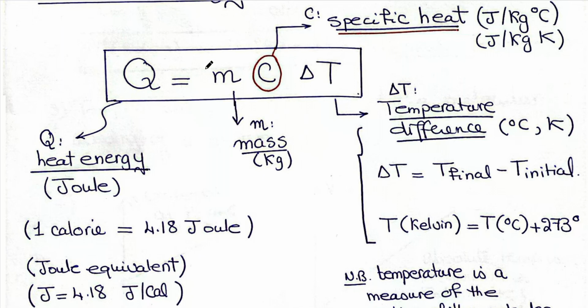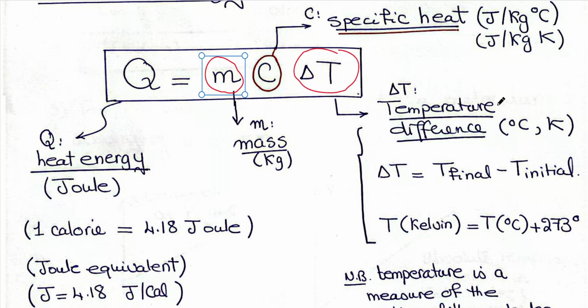Q equals m c delta T. m is the mass of the body in kilograms. C is the specific heat of the matter. Its unit is joule per kilogram degree, and delta T is the temperature difference.